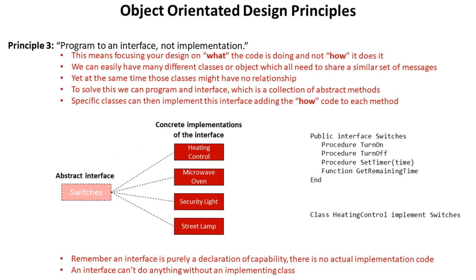So for example, we could say class heating controls implement switches. The heating control would now be a concrete implementation of the switches interface, where you would add the specific code for this class. Remember, an interface is purely a declaration of capability. There's no actual implementation of code. An interface can't do anything without an implementing class.